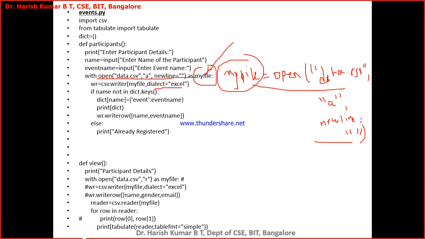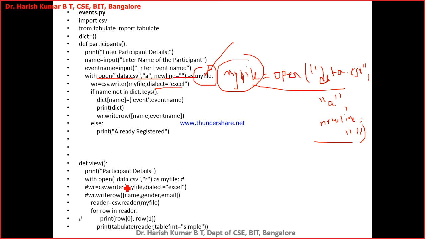Now similarly, I have written the view definition, because I want to view how many have registered. Observe here: print participant details, which I'm printing on the screen. I want to view the list of participants who have registered for various events.